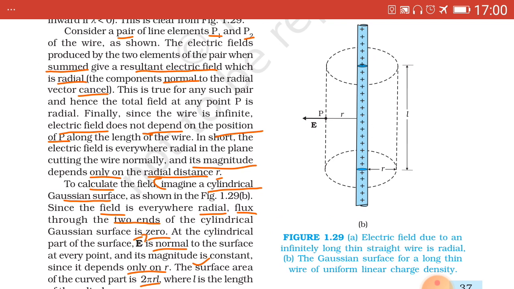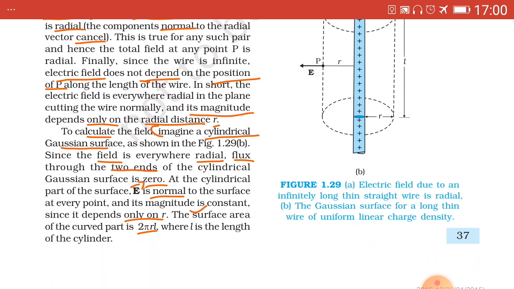Now the surface area of the curved part is 2 pi rL, where L is the length of the cylinder.